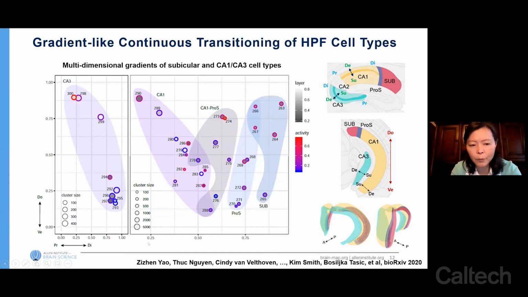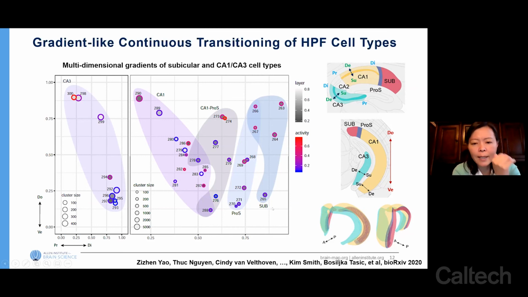So in this diagram, we showed proximal to distal gradients in this direction, dorsal ventral gradient in this direction, in a vertical direction, superficial versus deep layer distribution within hippocampus, CA1, CA2, and CA3, is shown by this grayscale, and the activity level as indicated by immediate early gene expression shown in color. And providing a systematic comprehensive view with each gradient distribution mediated by a different set of genes.